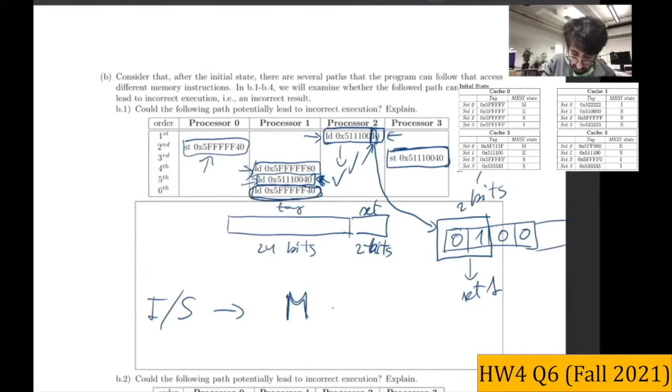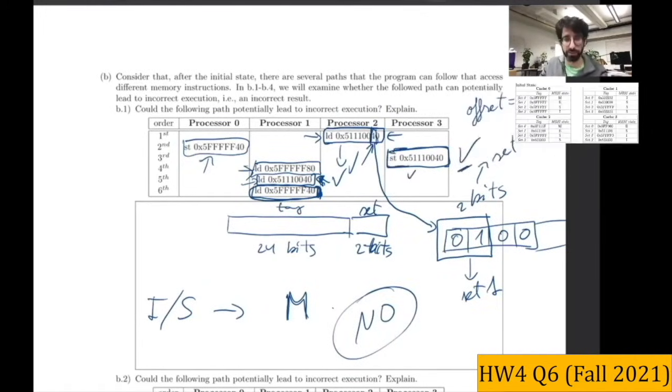It's not a conflicting address. So, answering this question, could the following path potentially lead to incorrect execution? The answer is no, because after this store, the state of the cache becomes coherent and consistent.